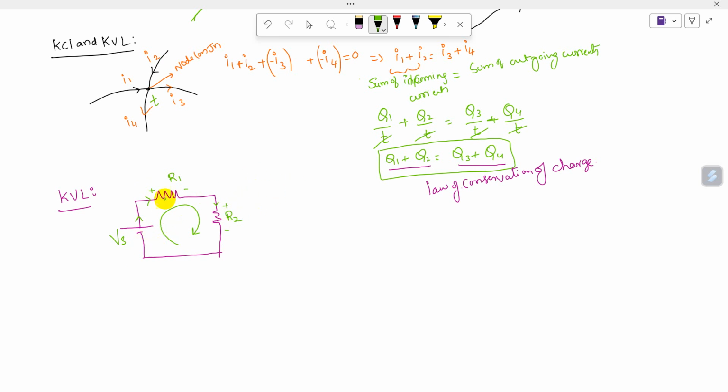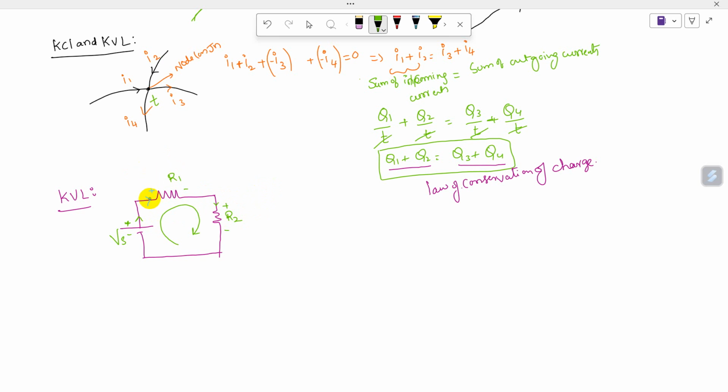Now with this polarity of each element and source, the polarity of the source is fixed, it won't change, but current direction may change. There are two ways I can write the KVL equation.